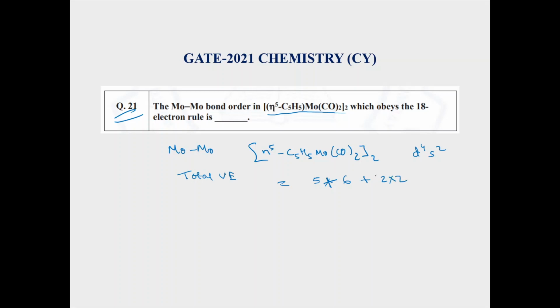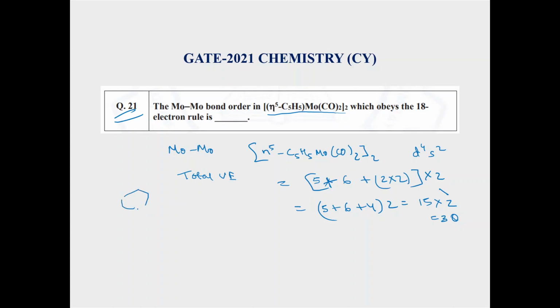Four. Okay, everyone got this answer? So we have a total of 30 valence electrons for this complex.